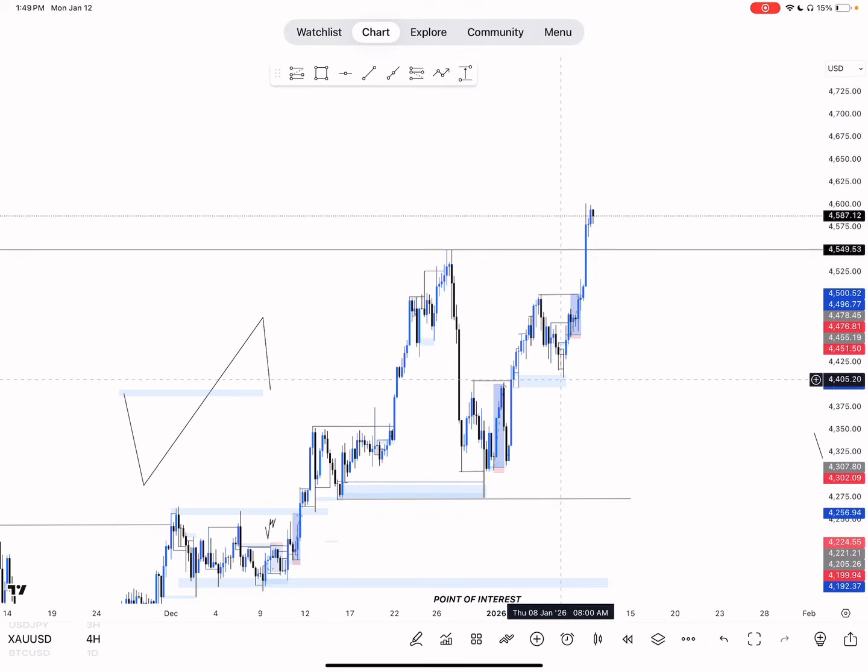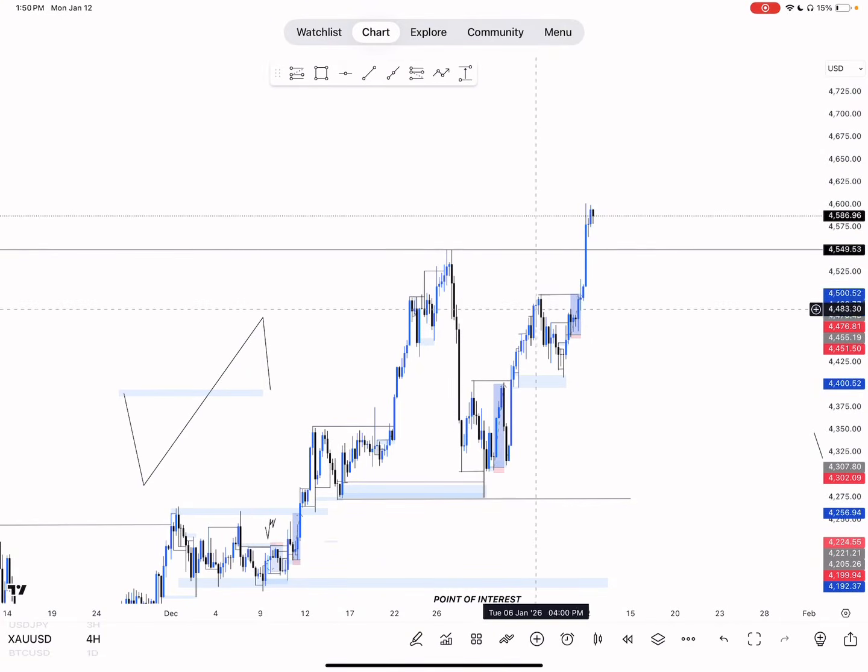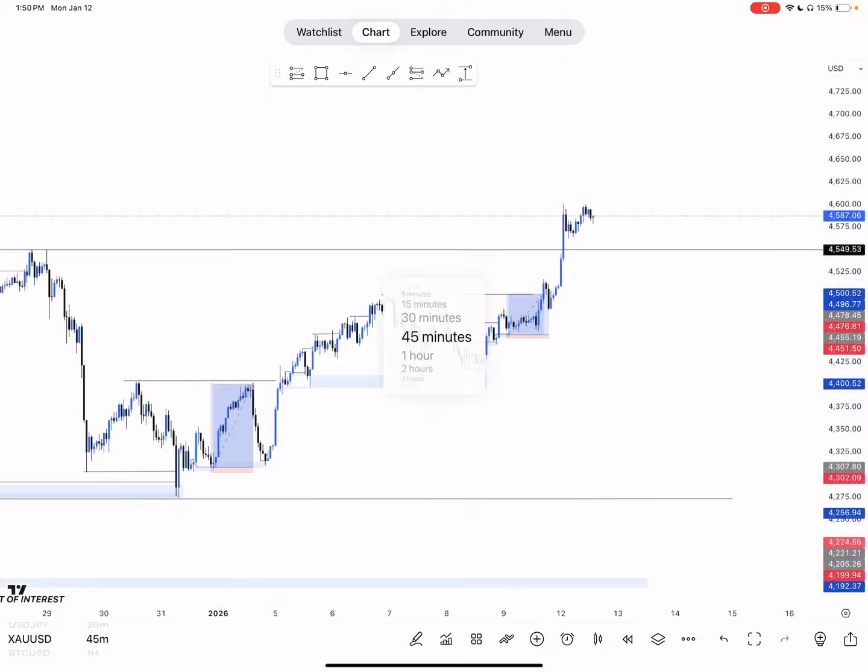Then the next move should be higher high. And where is your overall target? This is your overall target, because that is where you should expect the market to break. This is your number one draw on liquidity. After this one, this is your next target, because the moment this market breaks this high now, you can keep buying. You can keep buying till the market breaks this high, because we expect the market to break that high.